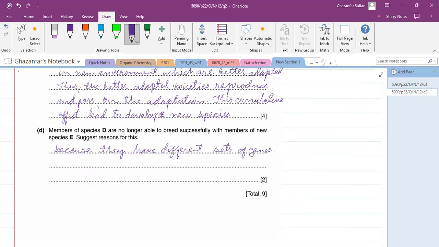And there could be another reason, or in other words, you can say that there might be a difference in chromosome number, or in chromosomes. It is not necessary that the chromosome number changes. Sometimes a huge variation in a single chromosome may cause adaptations.